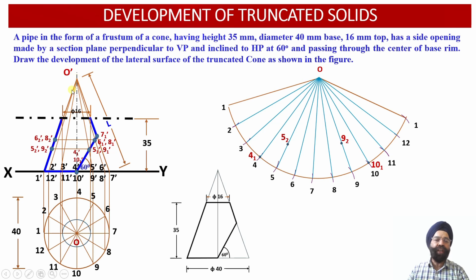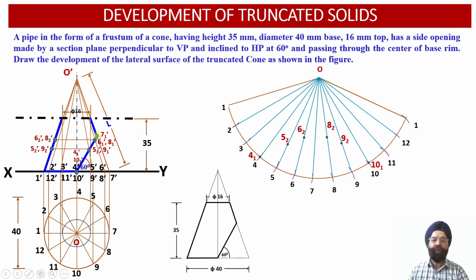This will be equal to O-6-2 dash and O-8-2 dash. Now we need to transfer this distance onto the true length of the slant generators O6 and O8. So onto O6 and O8, if we mark the same distances, the 2 points 6-2 and 8-2 will be obtained over here.